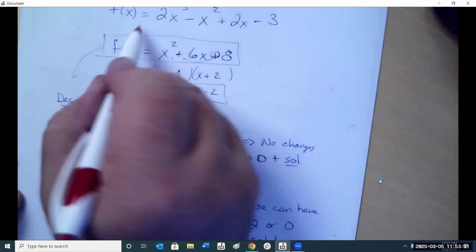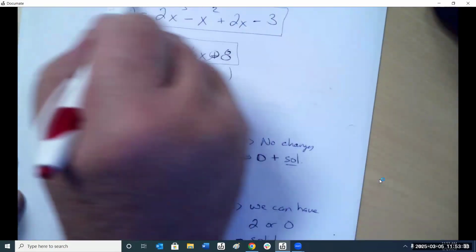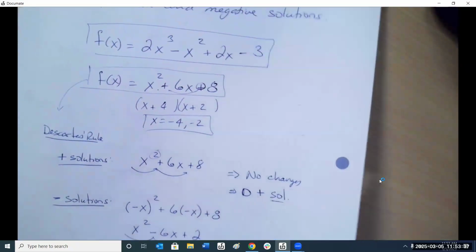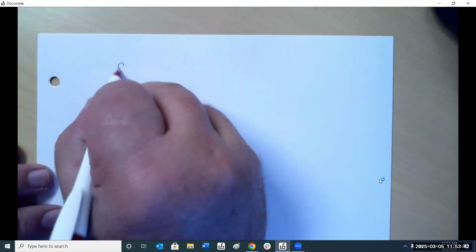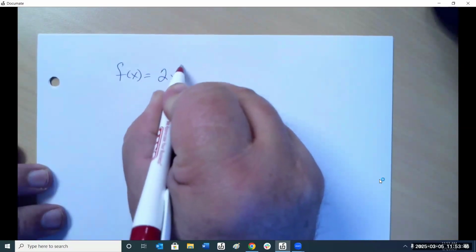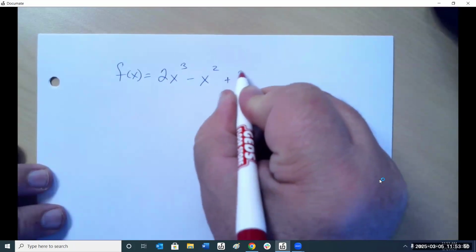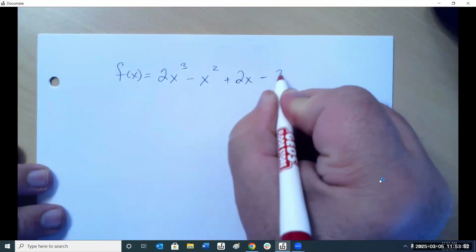Let's look at this example and see what that tells us. f of x is equal to 2x cubed minus x squared plus 2x minus 3.